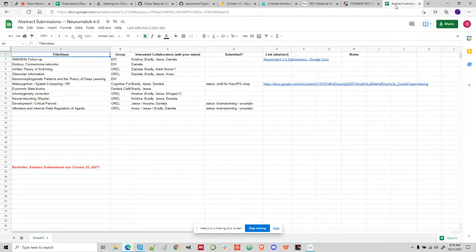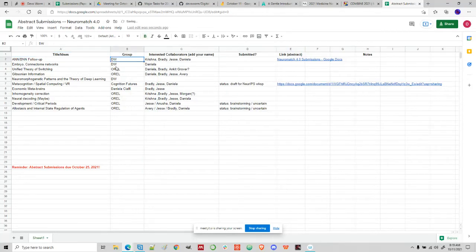If you're interested in doing something for the Neuromatch conference, we have our ideas board. This is with both this group and the other group that I work with, so you'll see that they're labeled in this column. You don't have to pick something from DW, which is the DevoWorm group. You can pick something from any of these if it looks interesting to you.